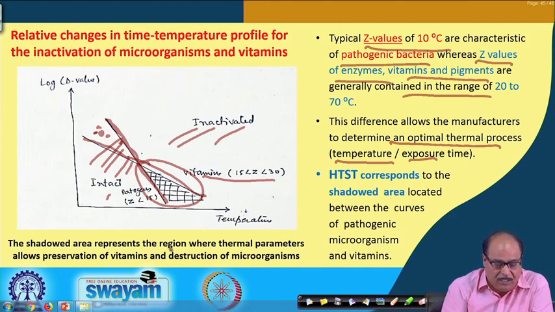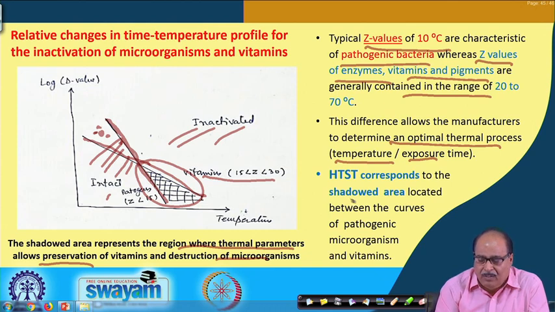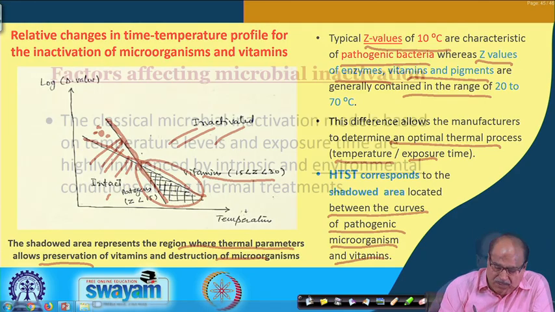So, it represents the region where the thermal parameters allow preservation of vitamins and destruction of microorganisms, and this gives the high temperature short time treatment. So, this gives the curves of pathogenic microorganisms and vitamins.